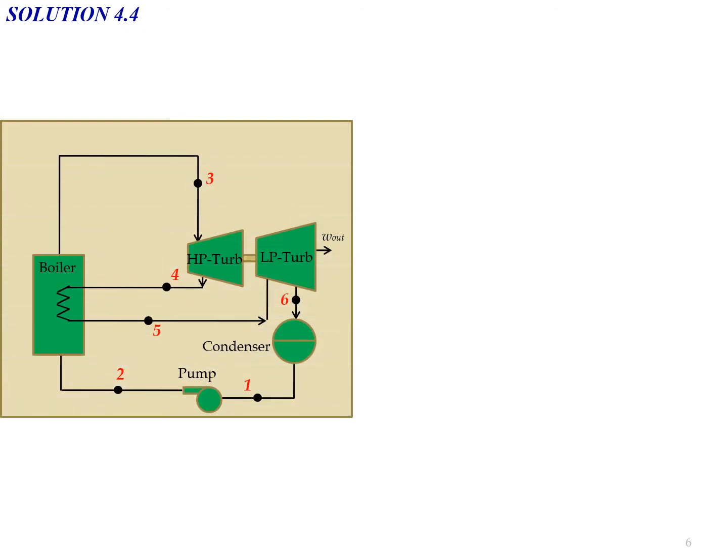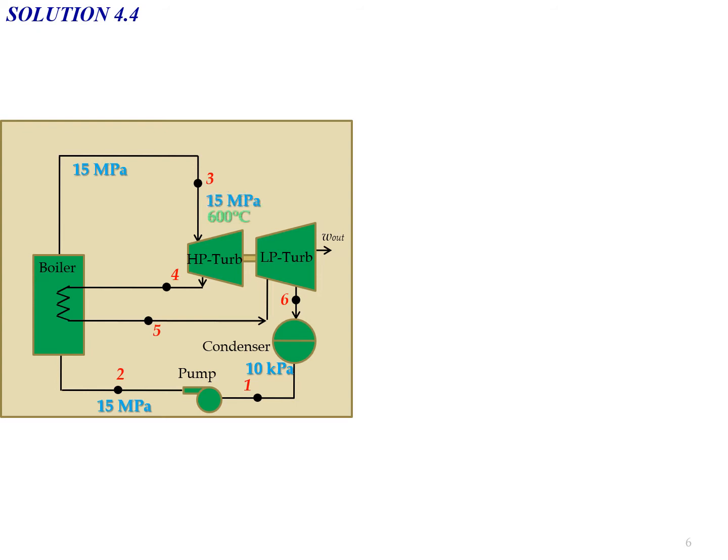So this is the ideal reheat Rankine cycle, a simple diagram of it. From the question, we know some of the information: the condenser is at 10 kPa, the pump is at 15 megapascal, and the constant pressure heat addition process is at 15 megapascal.